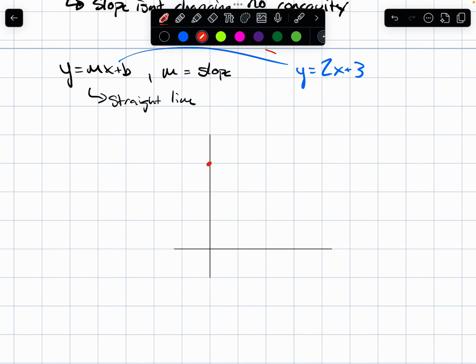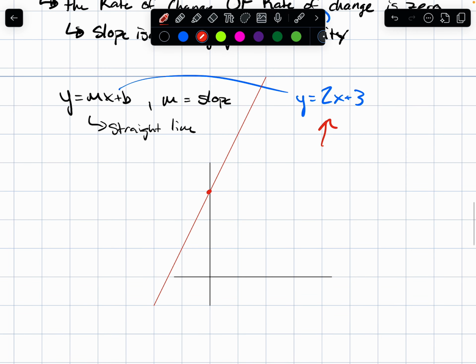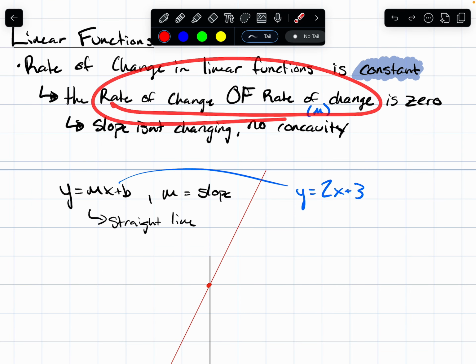So you're looking at something like that for 2x plus 3. So we can see it's a straight line. There's no concavity, and the way in which it's changing, all the tangent lines forever, they're all exactly the same. The rate of change of the rate of change is 0.